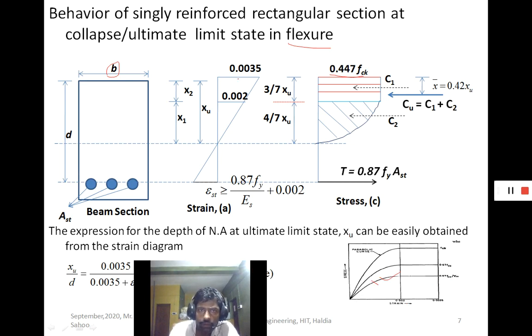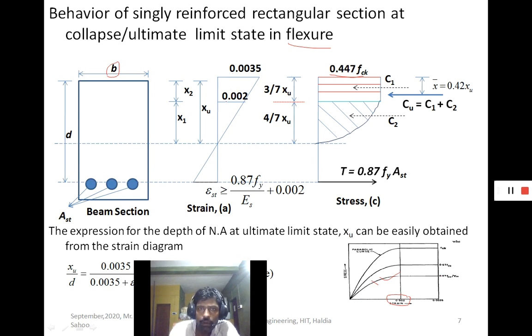Strain is linear, because as per assumption A, plane sections remain plane before and after bending, so it means the strain is linear, and the maximum strain is 0.0035. The curve is a parabola, non-linear, up to 0.002 strain, after that it is constant.